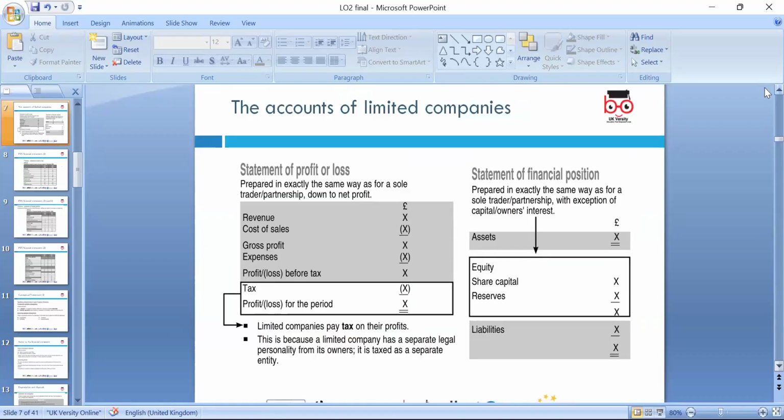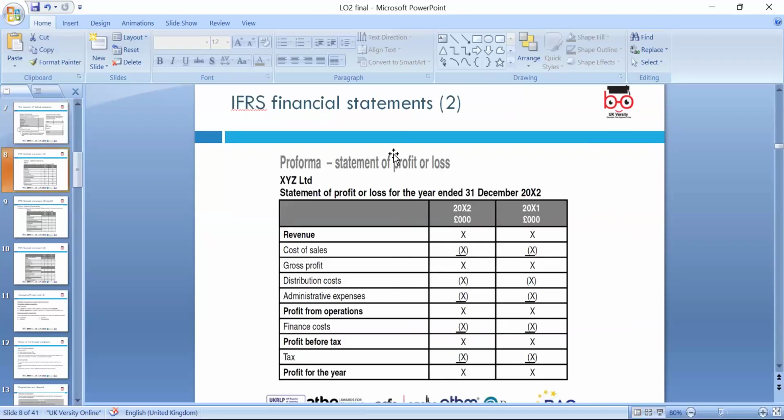Revenue will come first, then cost of sales, gross profit, and all other expenses we can deduct. If we are preparing the statement of financial position, we think about the assets. This is the layout we normally follow under IFRS, International Financial Reporting Standards.